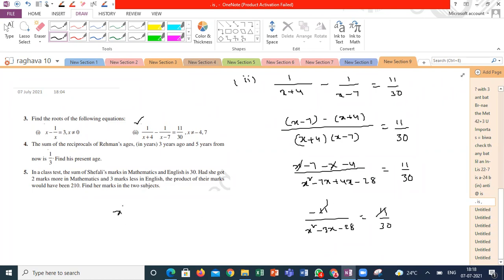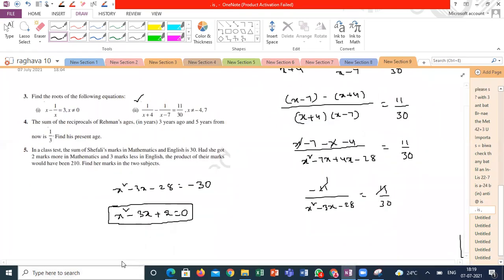This will be x square minus 3x minus 28 is equal to minus 30. So the standard equation is x square minus 3x plus 2 is equal to 0. Is it the same equation you got? Yes, sir. So what is the solution of this equation?